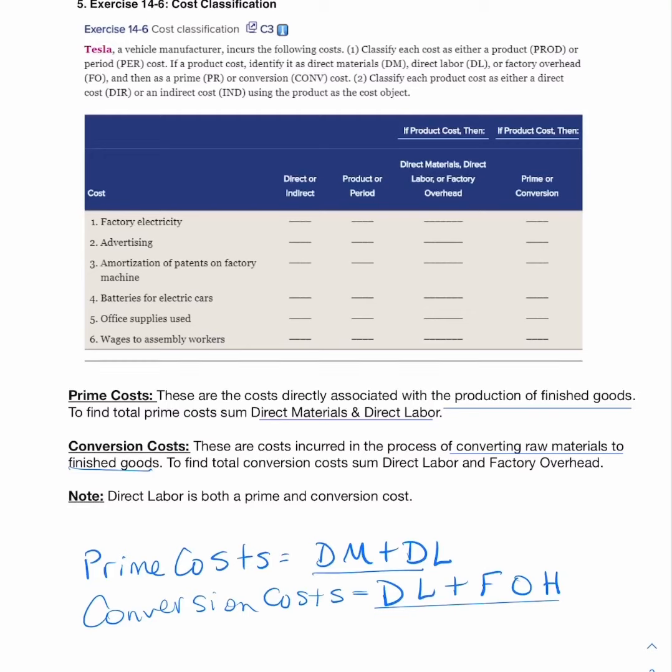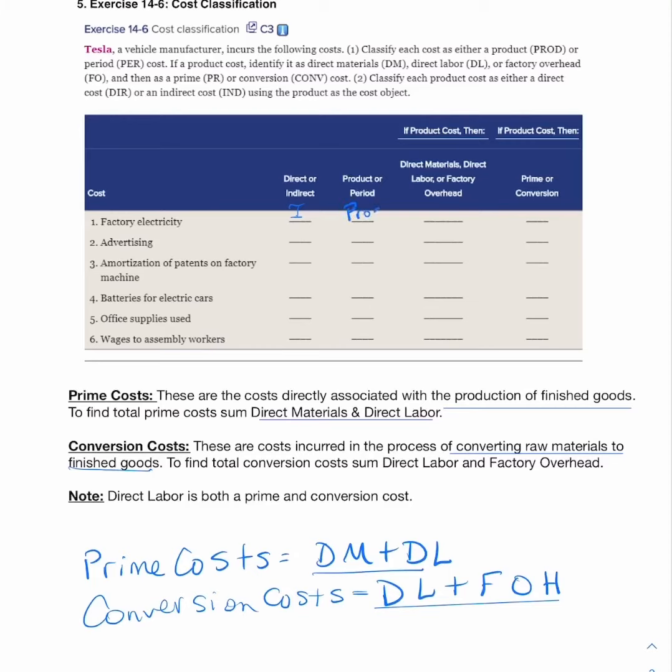So factory electricity, this is an indirect cost because we cannot track the amount of electricity that goes to producing each individual product. So the very next part of this is, if it is an indirect cost and it is related to that factory electricity, is that a product cost or a period cost?